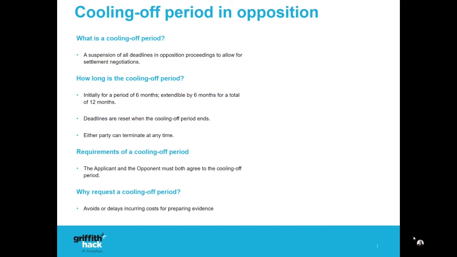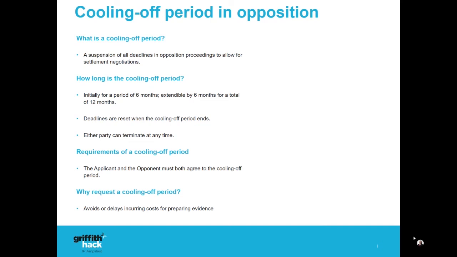Just one thing I will mention, if you've had a 6-month cooling off period and extended it by 12 months and the matter is still not settled, but the parties are actively in negotiation, you can then apply to the Trademarks Office to suspend the opposition. Again, both parties need to consent to the suspension. And the main difference with suspension is, with the cooling off, you can just request it without giving any reasons, and the request will be granted.